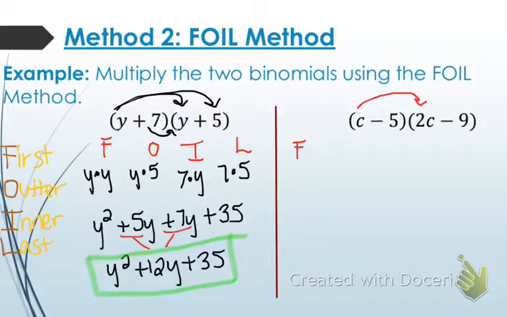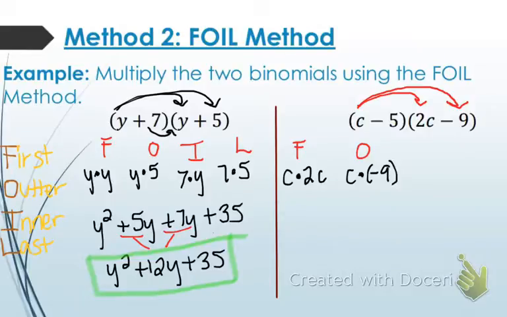So here we have c times 2c. Then it's the first term times the last term of the second binomial. These are the outer terms. So we have c times a negative 9.